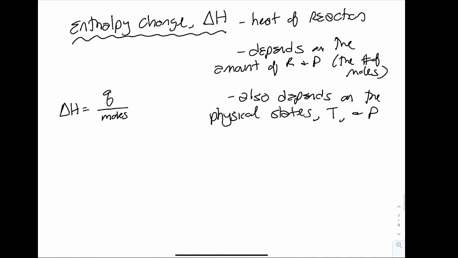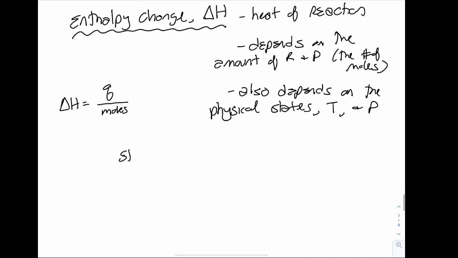Because it depends on all of those things, we can actually define a standard state for thermodynamics. Be really careful. We had standard states for gases also, right? In chapter 8, we defined STP. They are different values for thermodynamics than they were for gases, so just be really careful.